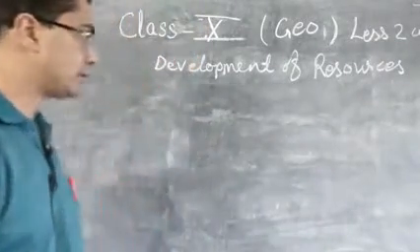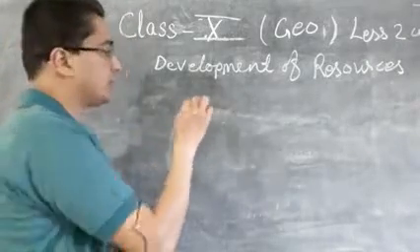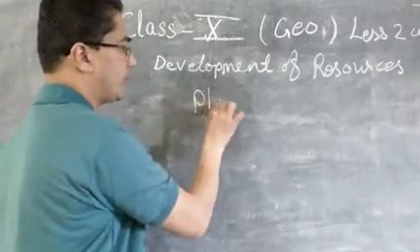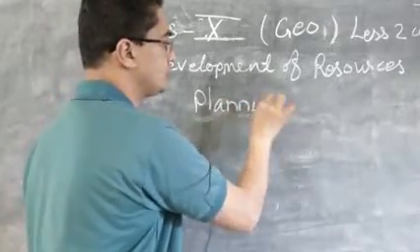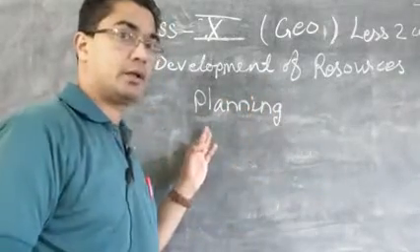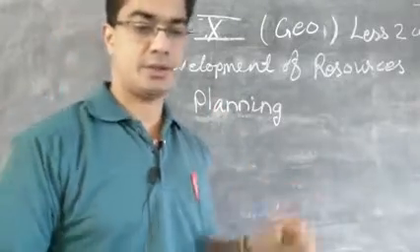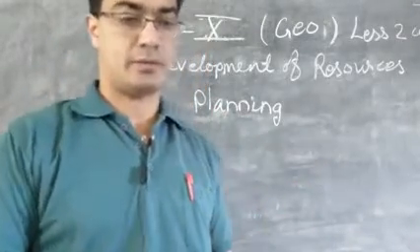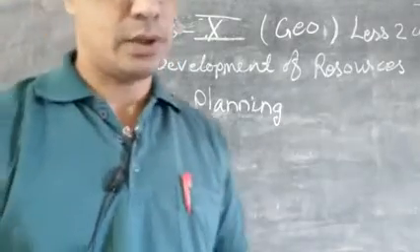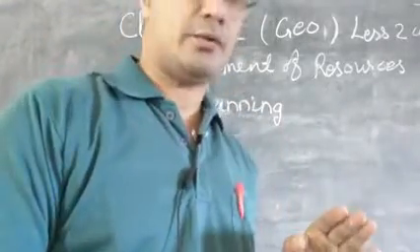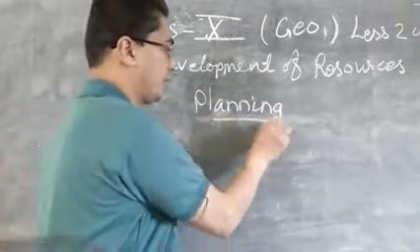Therefore, one thing that we come to realize is we need to have planning. Then only can we really manage a quality life. In order to have all forms of life existing in this world, we also need planning again.